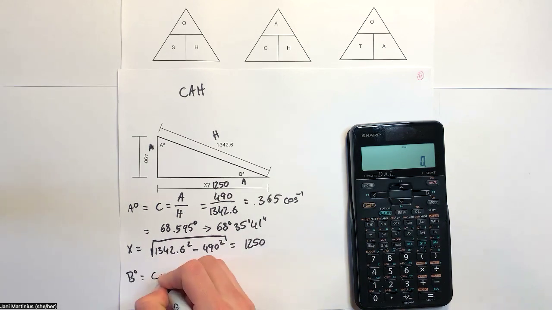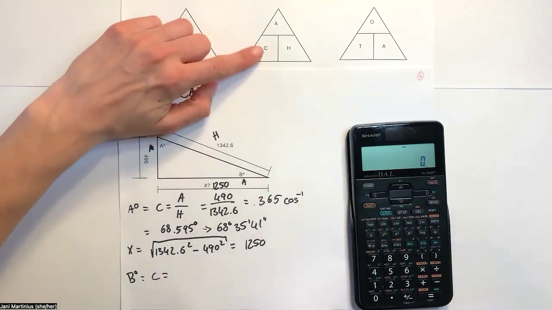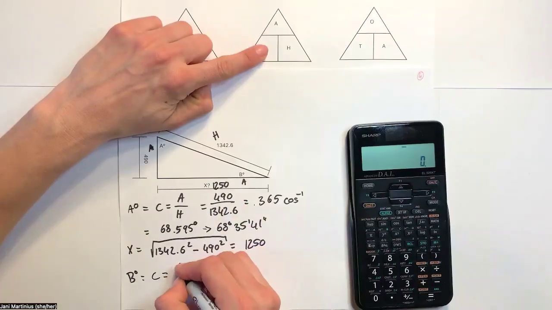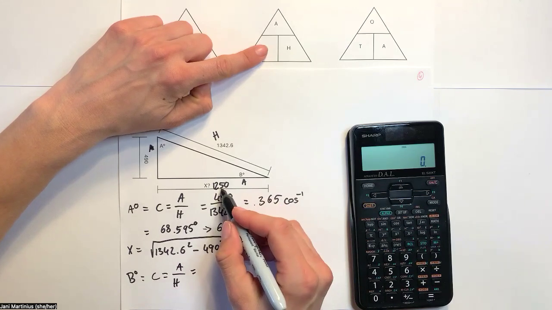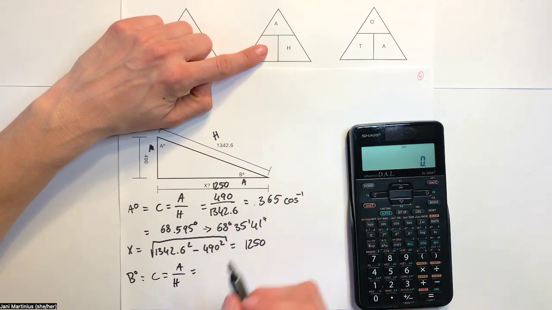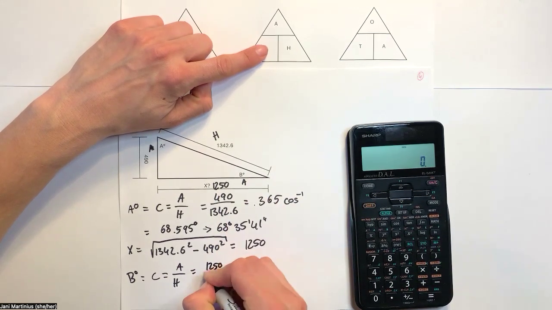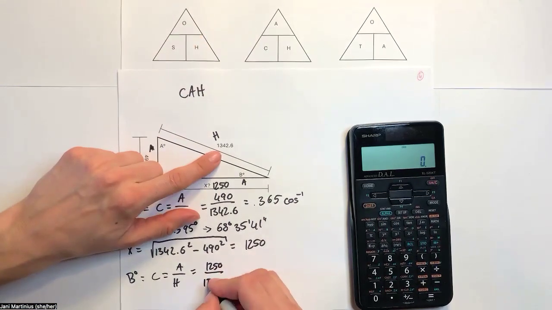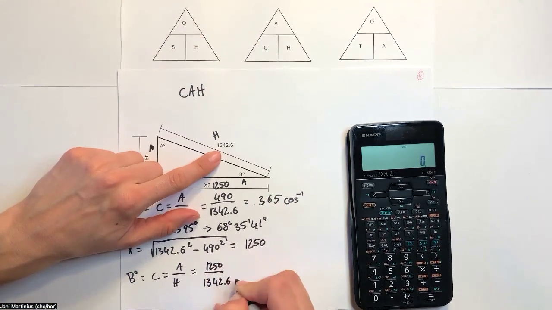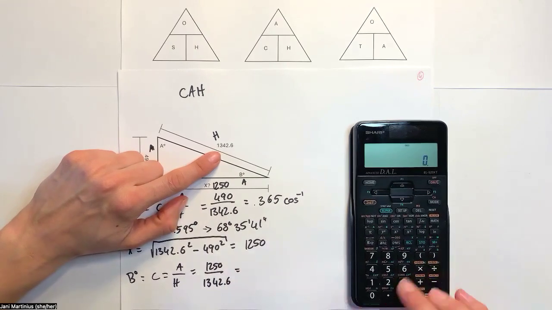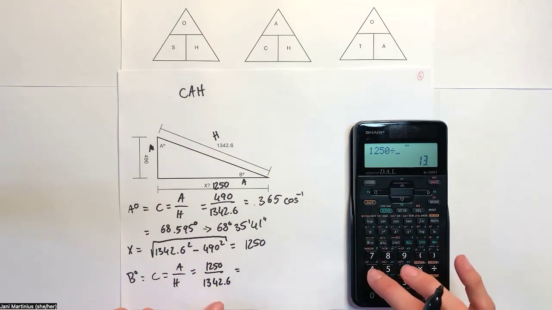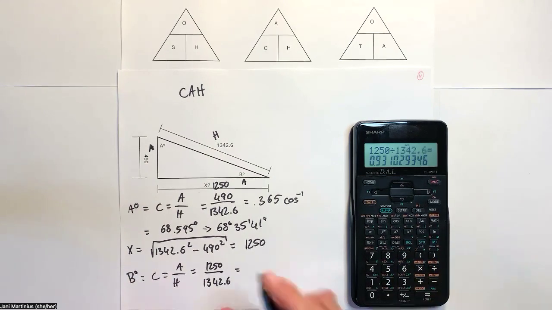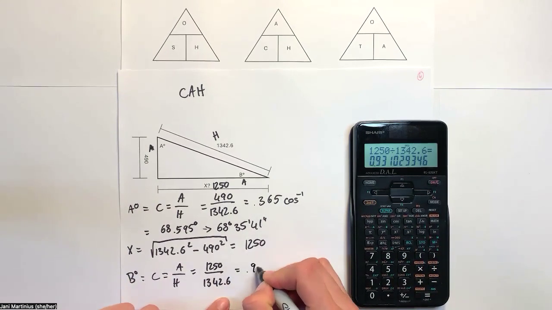So C equals adjacent over hypotenuse, which is here the 1250. That's our adjacent side to angle B, over the hypotenuse, so 1342.6. And again, that gives us the ratio, 1250 divided by 1342.6, 0.931.